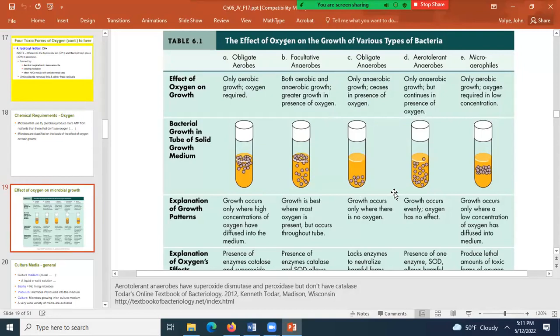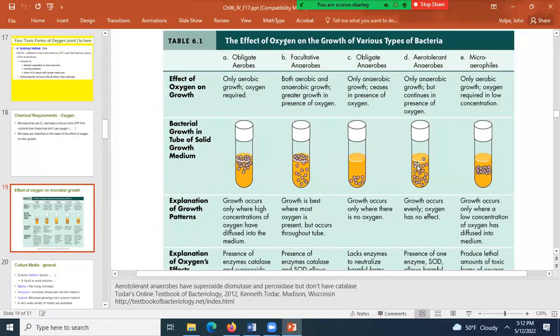There are also aerotolerant anaerobes. They are anaerobes, so they do not need oxygen to grow. But the aerotolerant anaerobes have all of the enzymes and antioxidants that they need to protect themselves from oxygen.